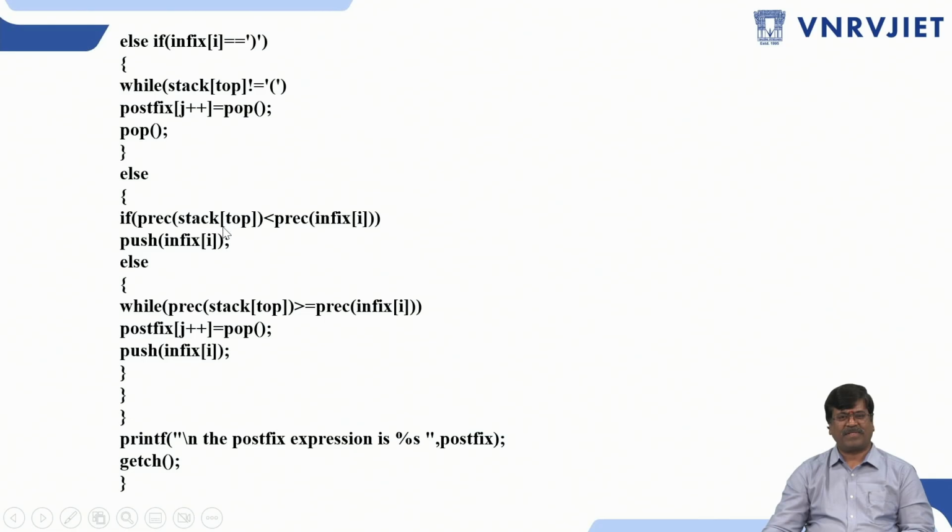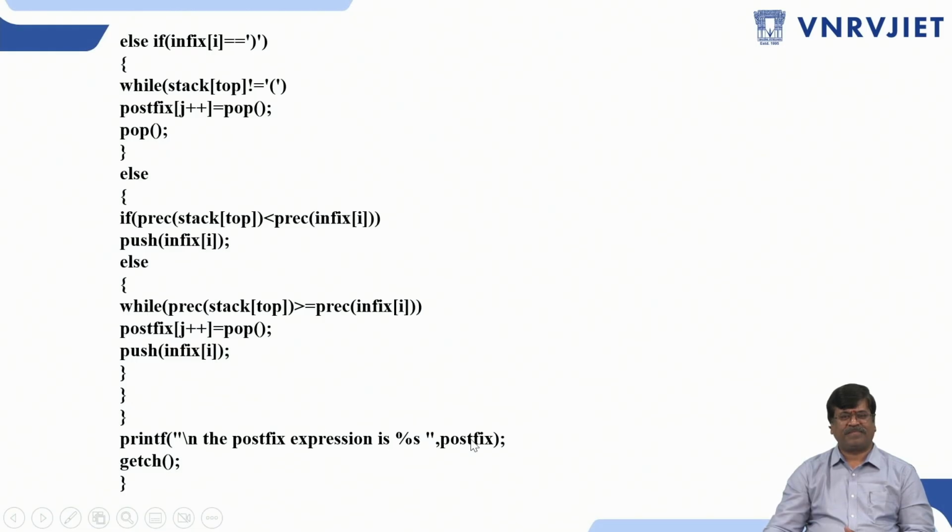On top of a low precedence operator, I can push a high priority operator, so there is no issue. Else, if the existing operator's precedence is equal or greater, we need to pop out those symbols from the stack and add them to the postfix. Then you can push this new operator to the stack.